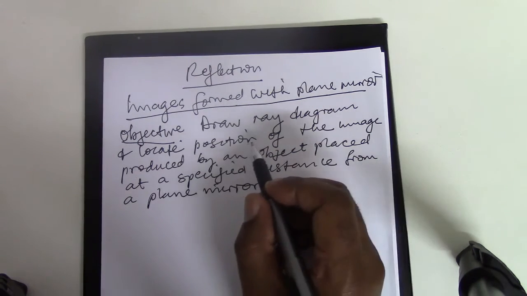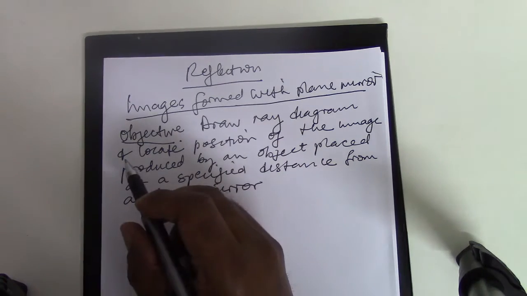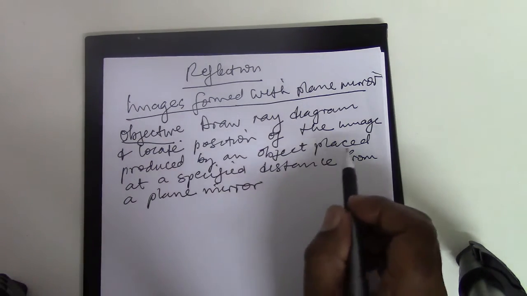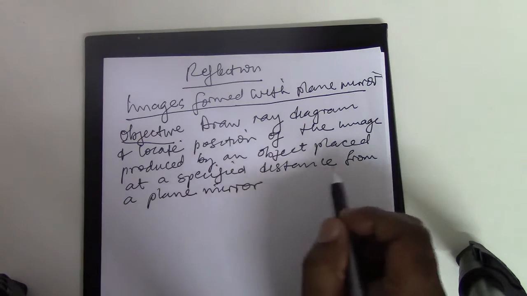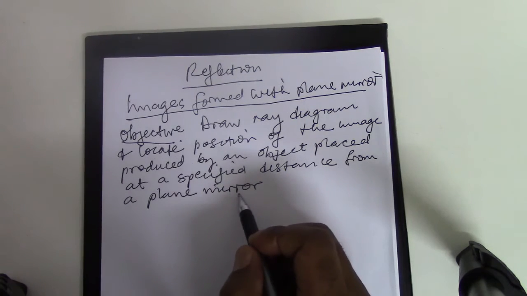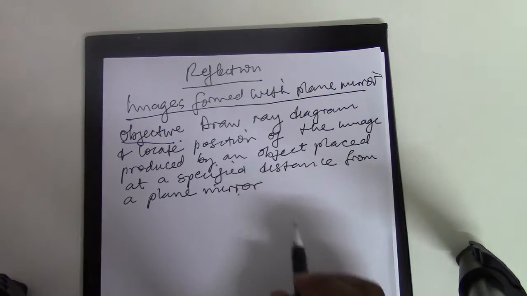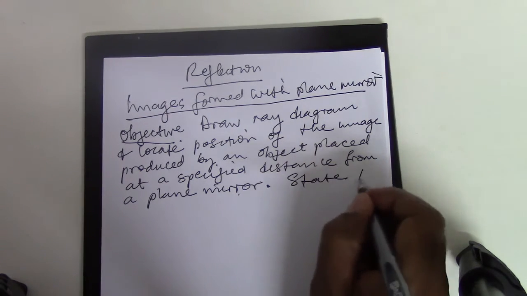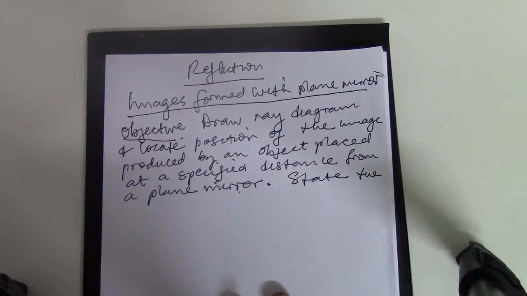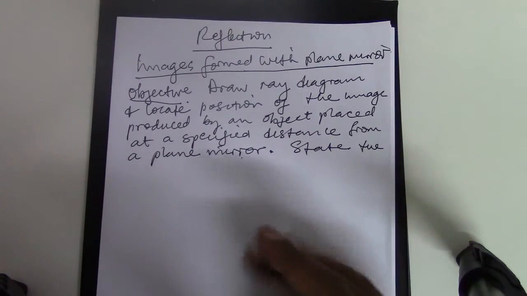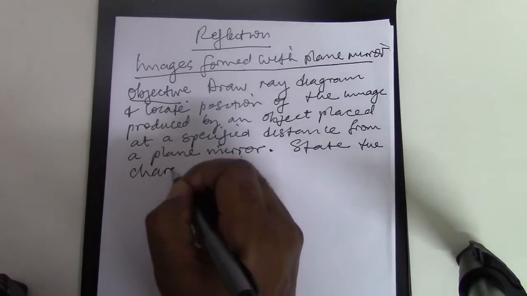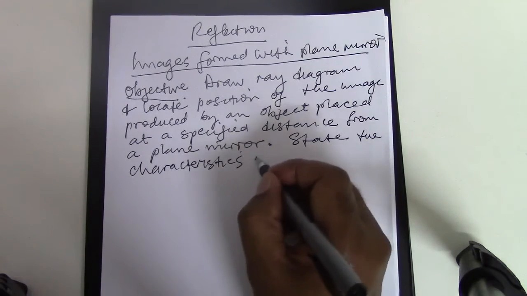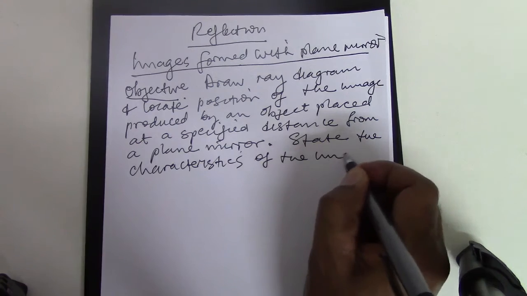Draw a ray diagram and locate the position of the image produced by an object placed at a specified distance from a plane mirror, and state the characteristics of the image.